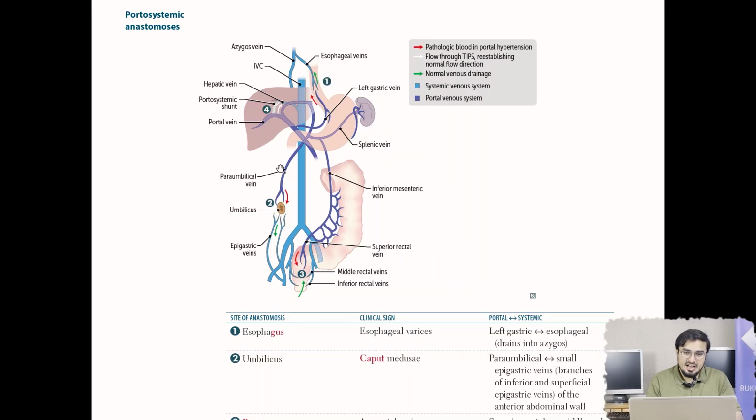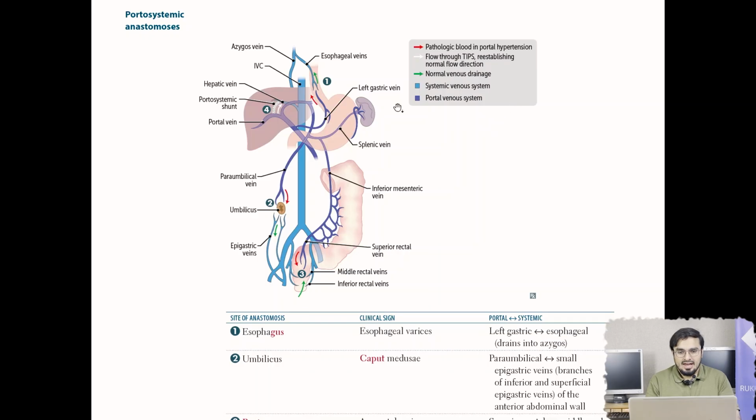This is very high yield in terms of cirrhosis of the liver and hepatocellular carcinomas, because in that scenario, the liver won't be able to absorb the blood coming to the portal system, and from portal system into the hepatic vein and then into inferior vena cava.